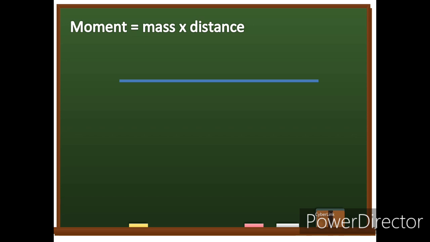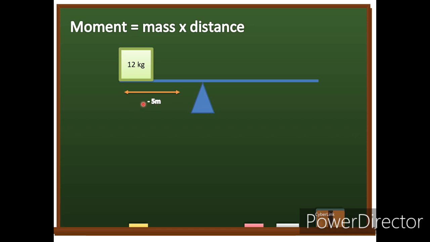This is our seesaw, and this is our fulcrum, or the center. The first object has a 12 kilogram mass and is 5 meters away from our fulcrum.